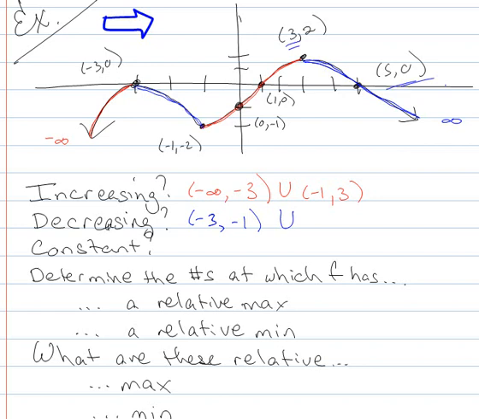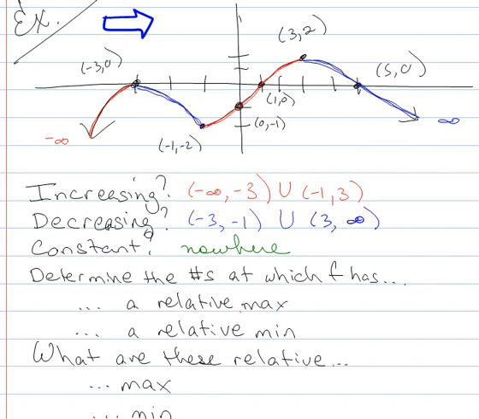Remember, don't get distracted by the decoy. So we're going from 3 to infinity. And where are we constant? We are constant nowhere. Okay. So we're looking at determine the numbers at which f has a relative max and a relative min. So let's look for the relative maximum and see if you can find this.